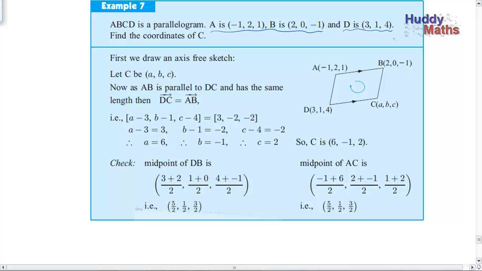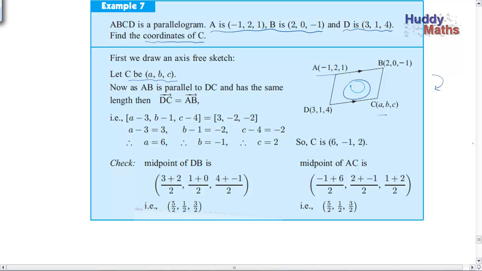So the idea, of course, if you're trying to find the coordinates of C, let C be A, B, C, or something like that. And remember, the labelling of the diagram is always clockwise around the figure. You can't go A and then put B down here. It's got to have a rotation clockwise around the figure.